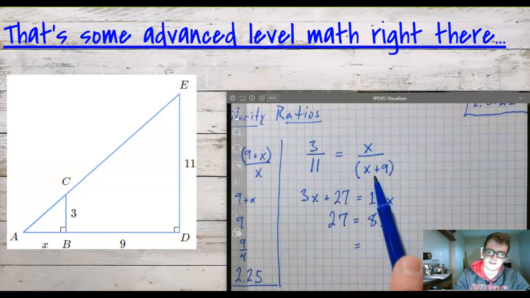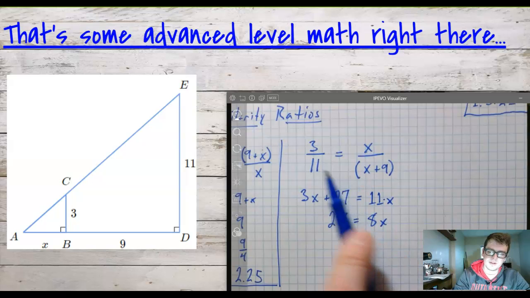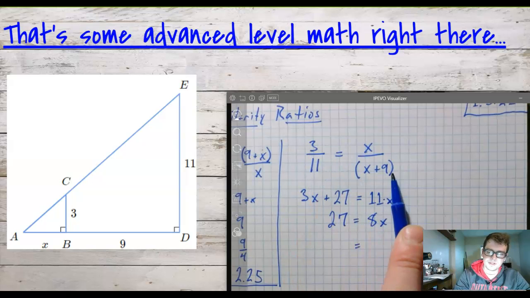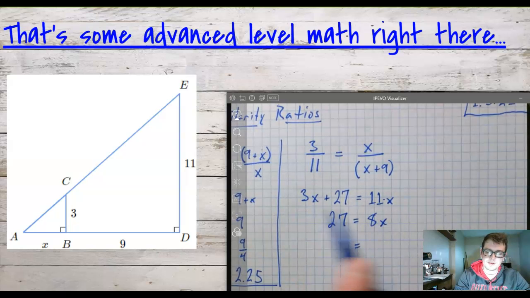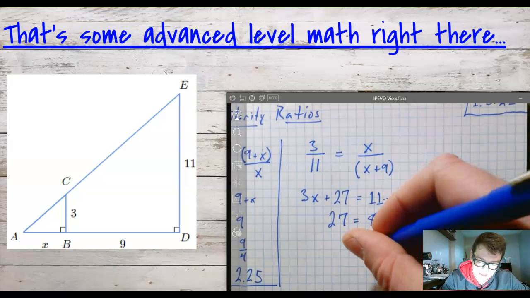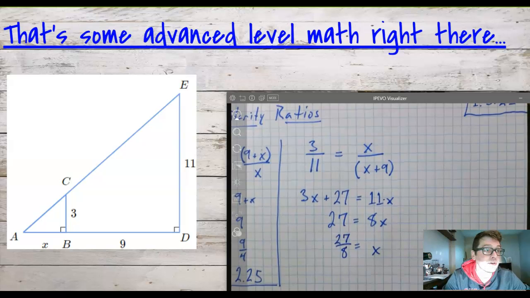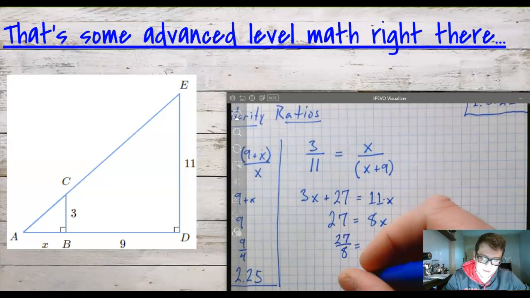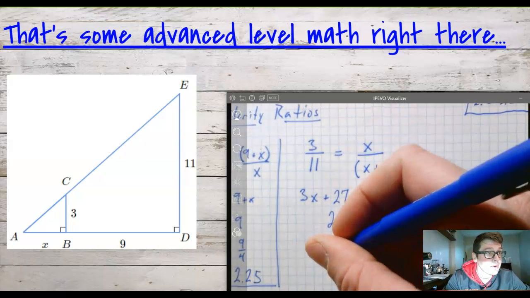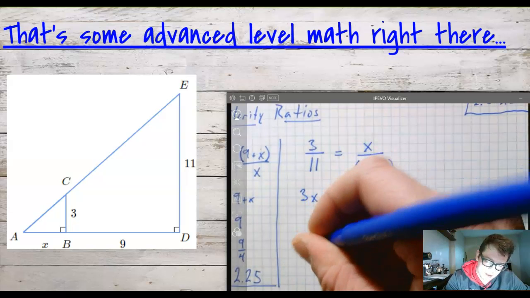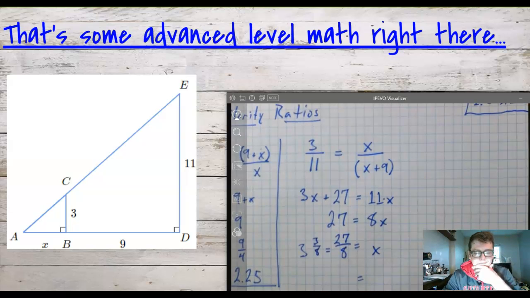Because remember, this part of the cross multiplication is 3x plus 27. This side gets 11x. We subtract 3x from both sides and get 8x. So then we divide and we get that x is, as most of you left it, 27 over 8. We also had the answer of 3 3/8, which I think seems right. So be careful. I got one answer in there that's less than 1.